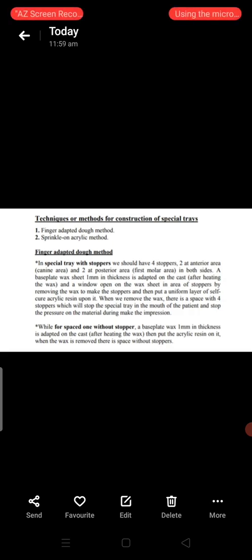A base plate wax sheet 1 mm in thickness is adapted on the cast after heating the wax, and a window is opened on the wax sheet in the area of the stopper by removing the wax to make the stopper, and then a uniform layer of self-cure acrylic resin is put upon it. When we remove the wax, there is a space with 4 stoppers which will stop the special tray in the mouth of the patient and stop the pressure on the material during making the impression.